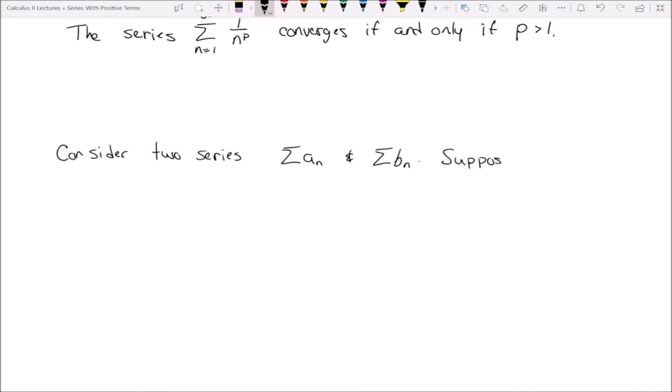Now suppose that for all n greater than or equal to some value m, larger than 0, we get 0 is less than or equal to a sub n, less than or equal to b sub n.